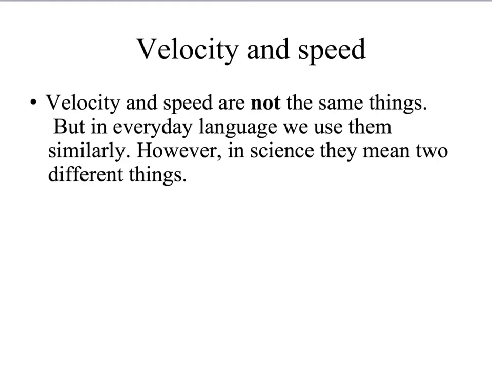Here's why I wanted you to notice that it's displacement and not distance: velocity and speed are not, let me repeat that, not the same things. In everyday language, we use them interchangeably, meaning we'll say velocity or speed, and we don't care which one we say. But in science, they mean two very different things.